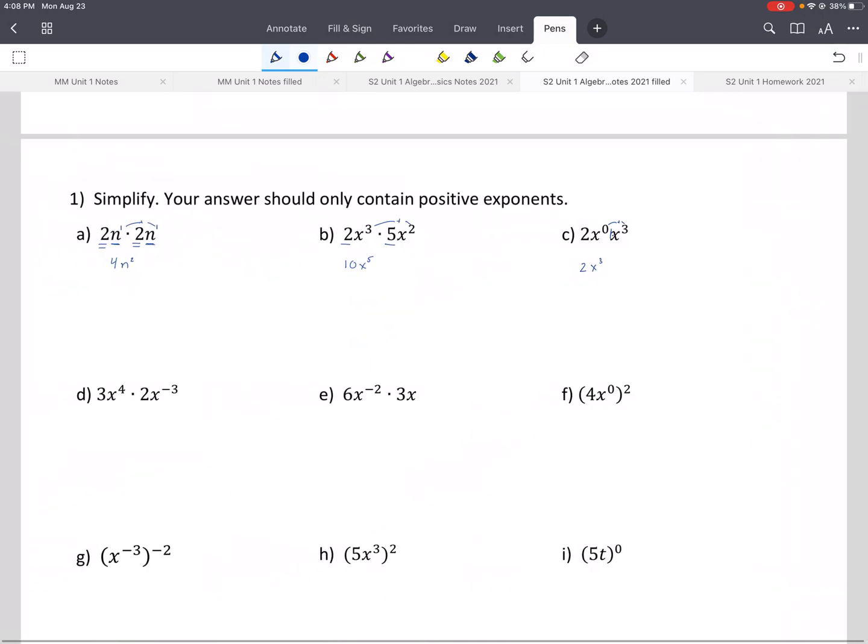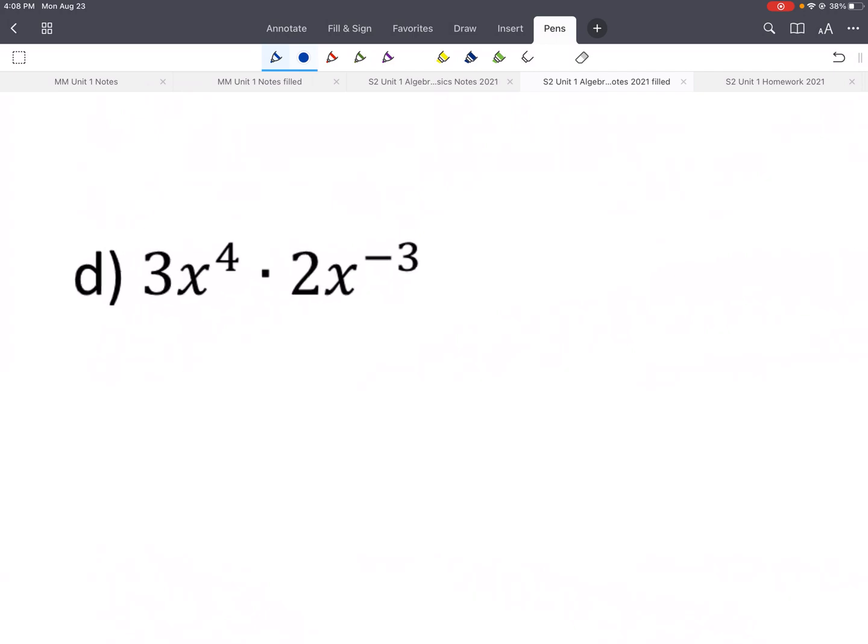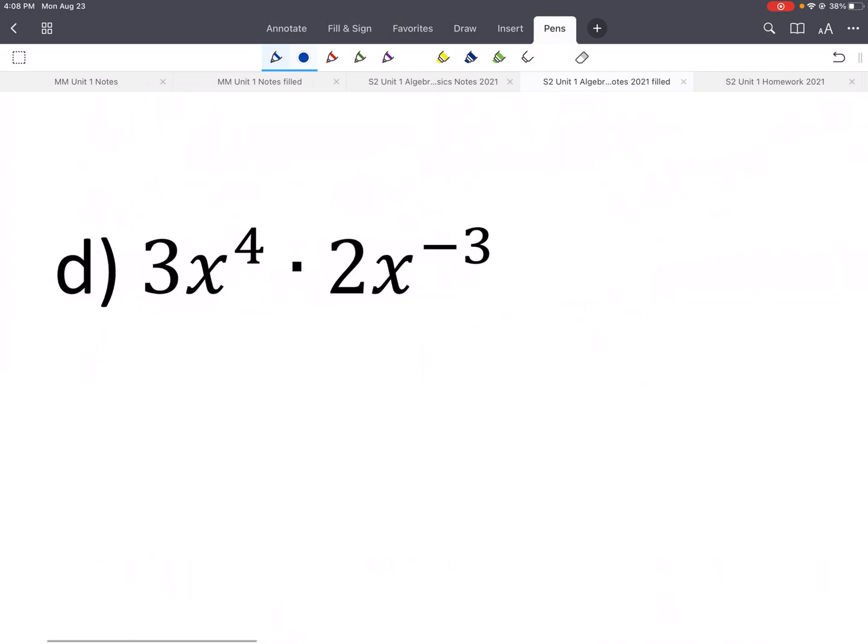All right, so that is multiplication. Here's another multiplication. 3 times 2 is 6. And then again, we're going to add these. So what is x to the 4 plus a negative 3? Well, that would give us 6x to the 1, or just x. Okay.